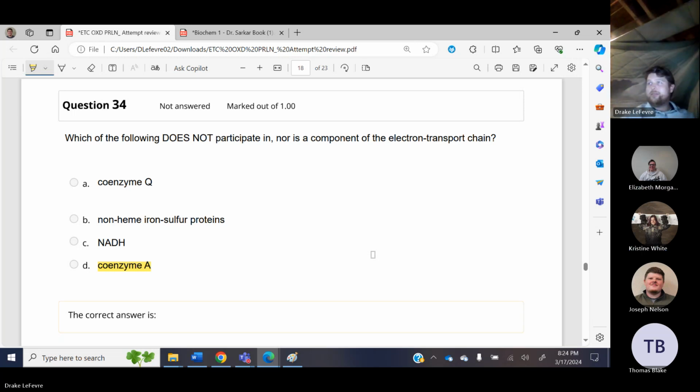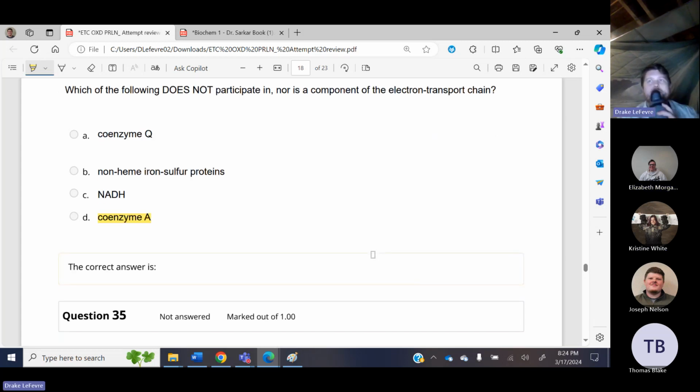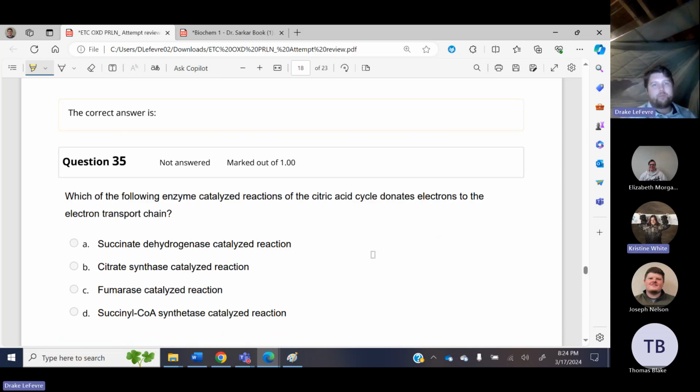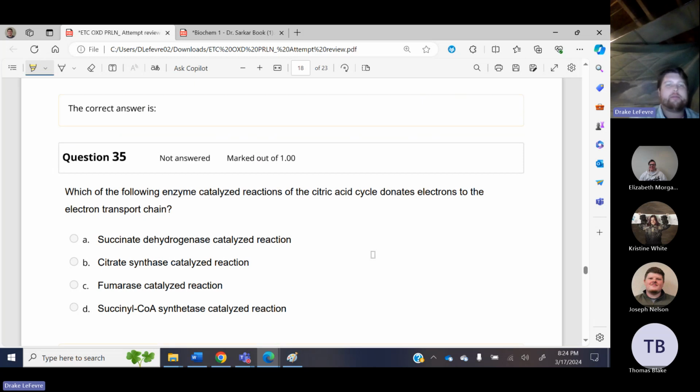Krebs cycle. Yeah, from the Krebs cycle. Which of the following enzyme catalyzed reactions of the citric acid cycle donates electrons to the electron transport chain?